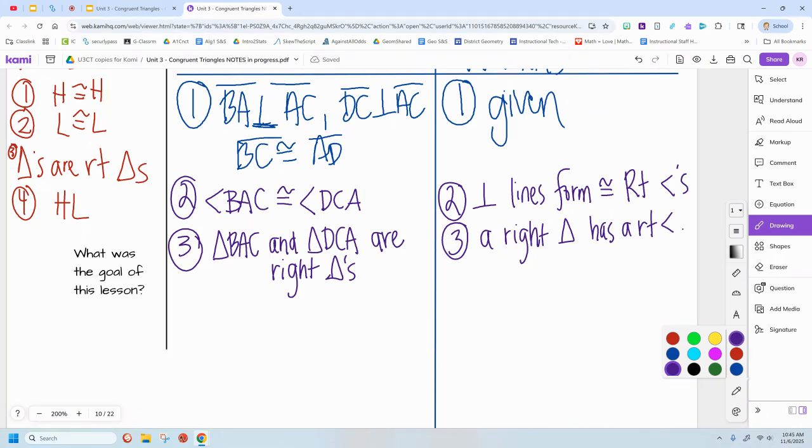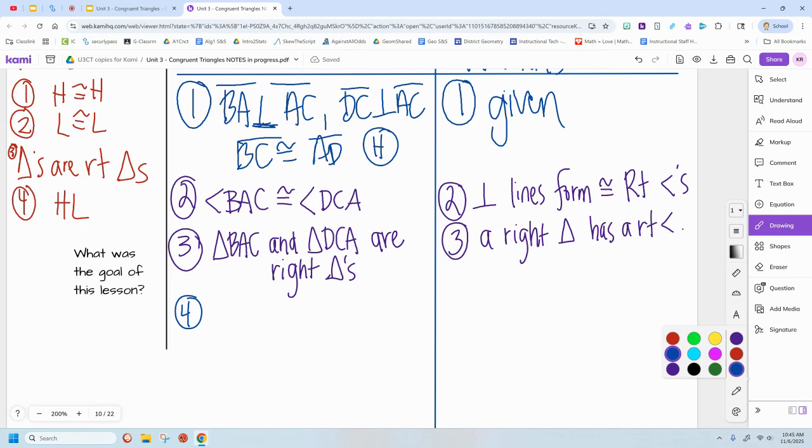So the step of getting right triangles in is a little bit clumpy. You almost need like two steps, right? Because you have to go from the perpendicular to the right triangle, okay? But now we can call this hypotenuse, can't we? Right? And all we have left to do is the leg. And the leg was the reflexive side.